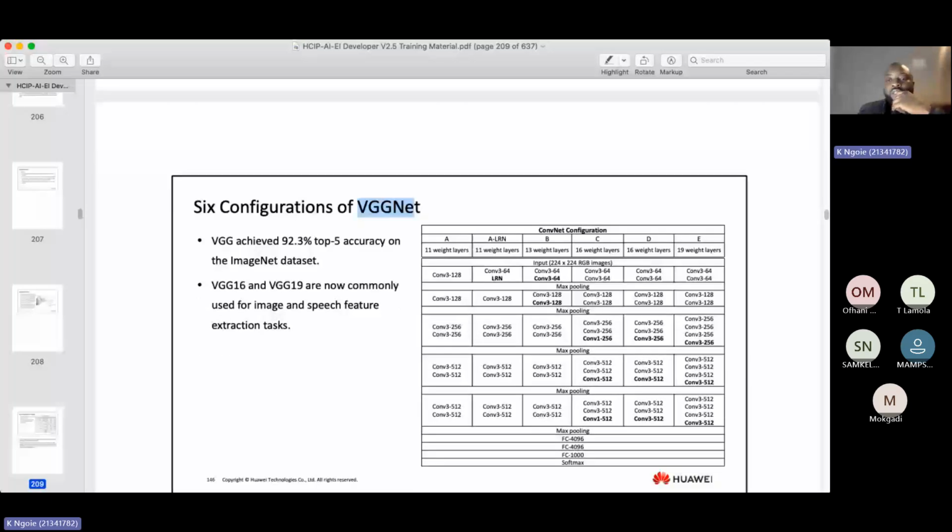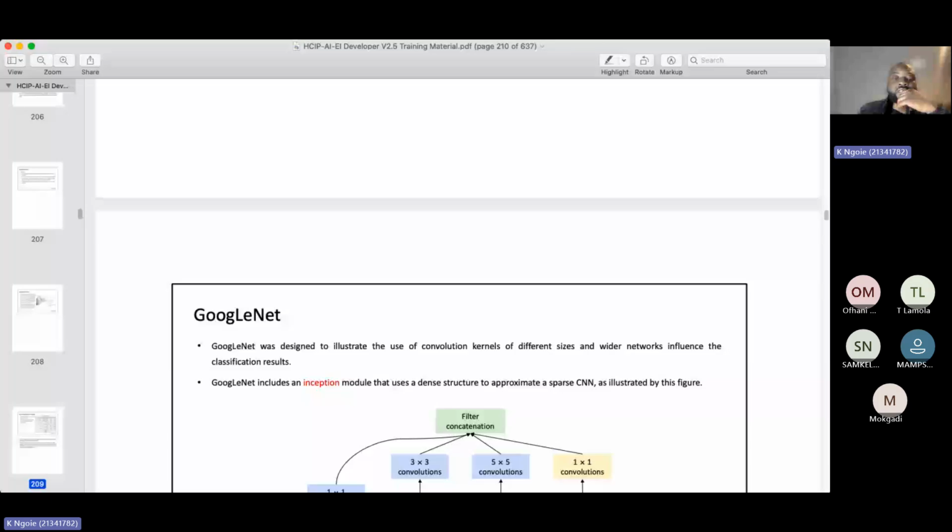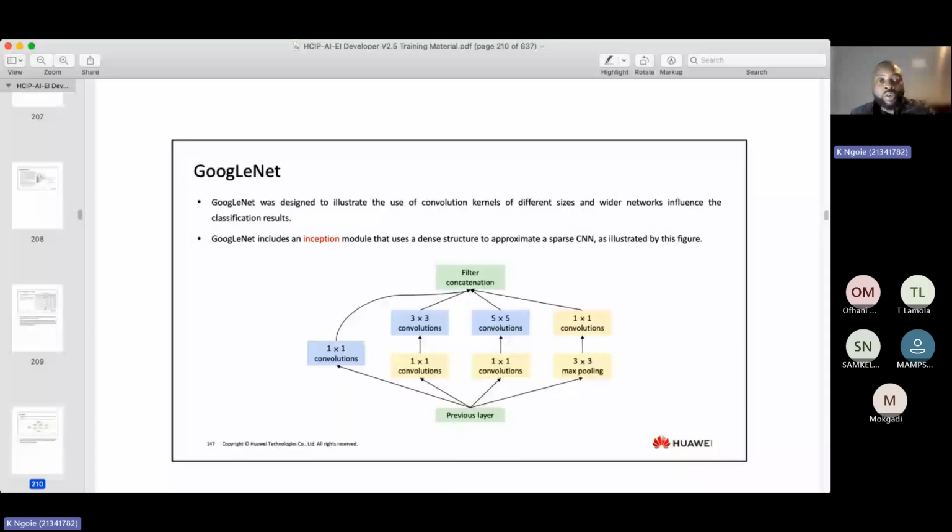Okay, so these are just examples of algorithms that are using the CNN. You have another one created by Google, which is GoogLeNet. GoogLeNet was designed to illustrate the use of convolutional kernels of different sizes, a wider network. This is for classification problems where we're trying to classify between different classes when you're dealing with images.